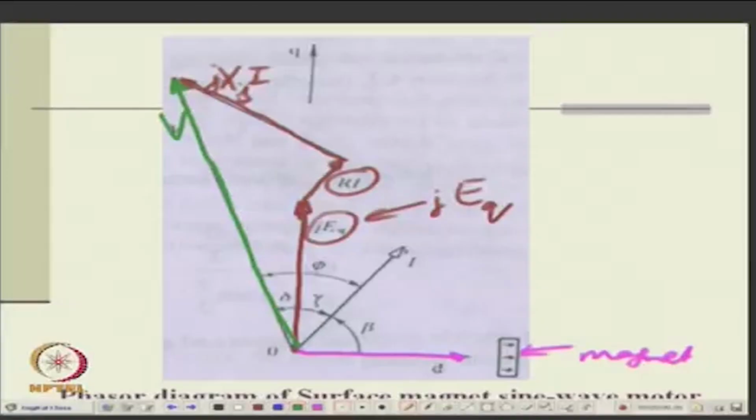So, this is due to the flux, and this is the D axis and this is the Q axis in the phasor diagram, okay.